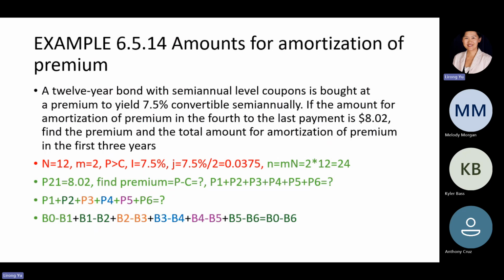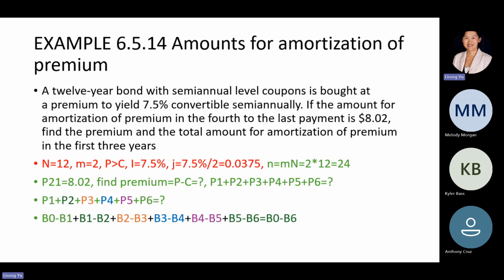You can see that if you are trying to find the total, we really don't have to find each one by one because many of them cancel each other out. Are we okay there? So essentially B1, B2, B3 are all canceled. All you have to do is calculate B0 minus B6. So we should only care about the book value at 0 and the book value at 6. But book value at 0 actually equals the original price, which we call P, right?